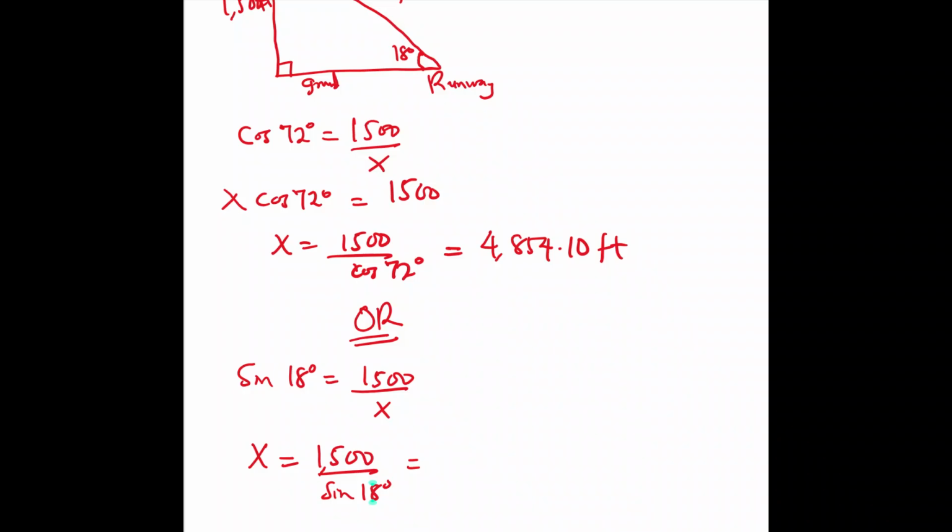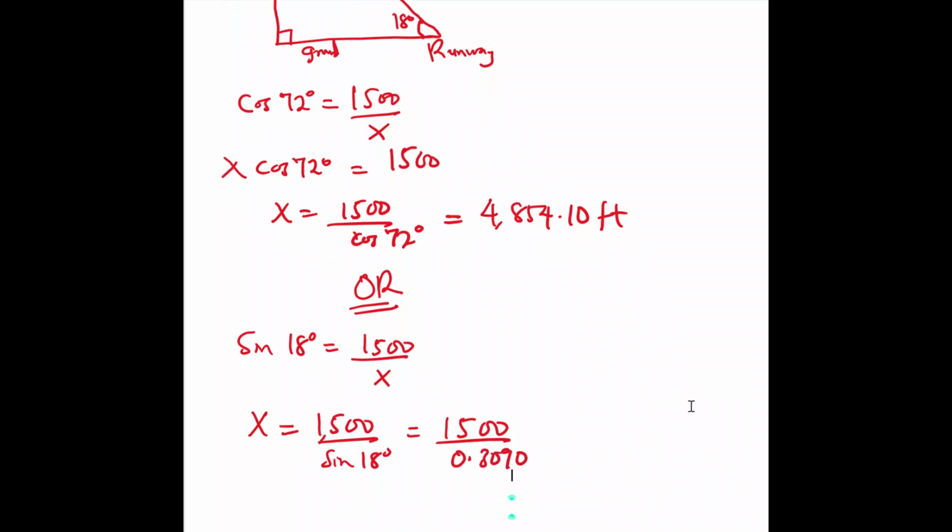Let's punch that in the calculator: 1,500 divided by 0.3090. You will get 4,854 feet, so you still get the same answer.